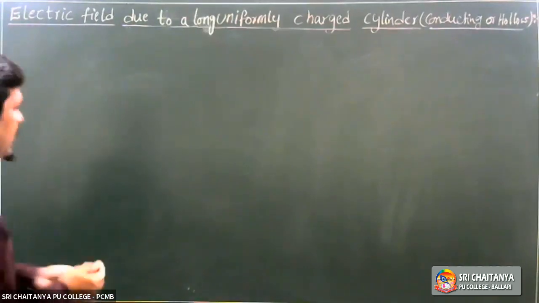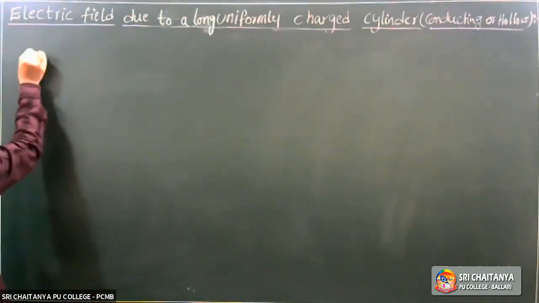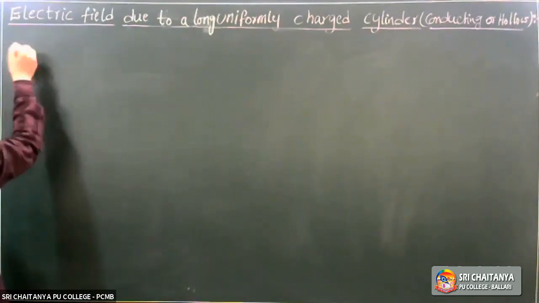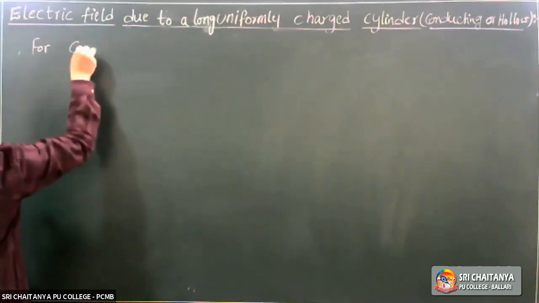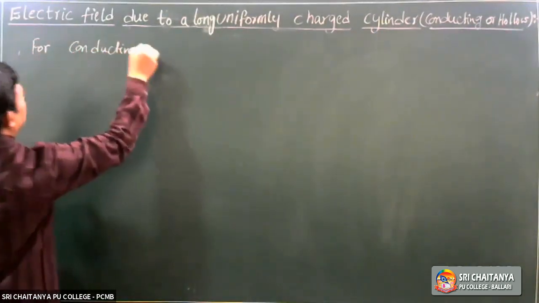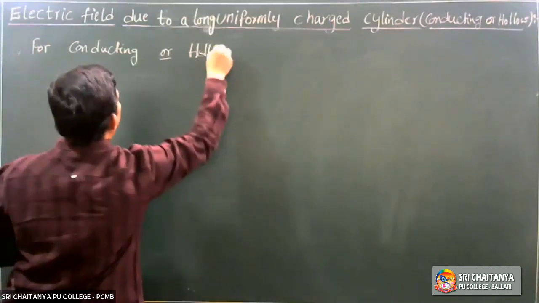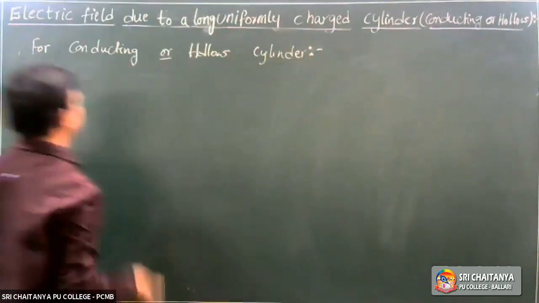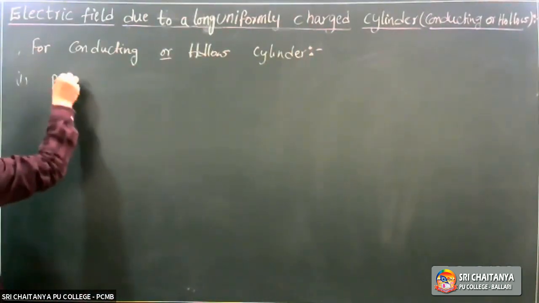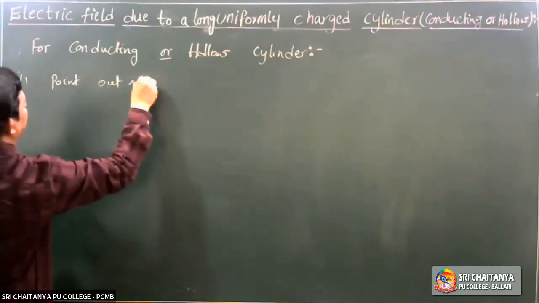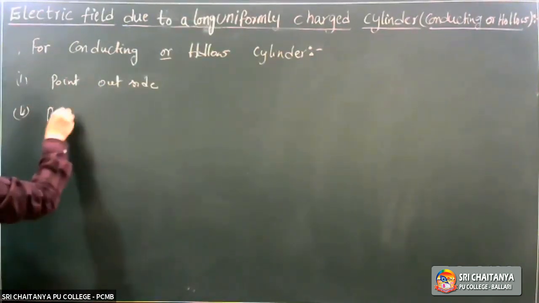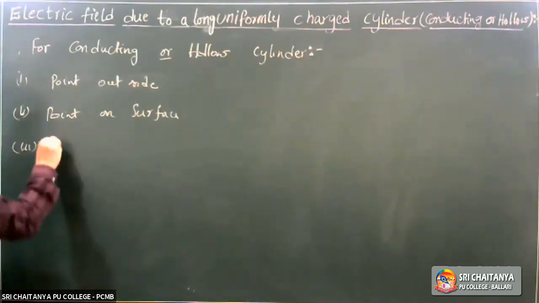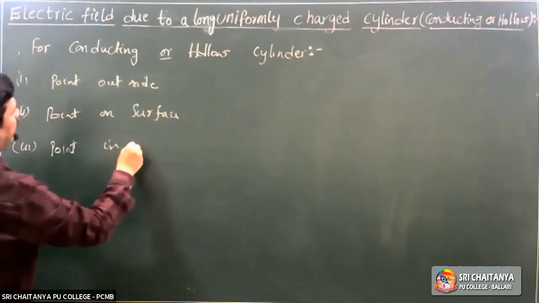Well, see, they ask for the graph. Now there are 3 points for a conducting or hollow cylinder: point 1 outside, point 2 on the surface, point 3 at a point inside.